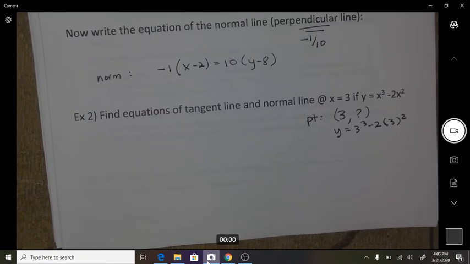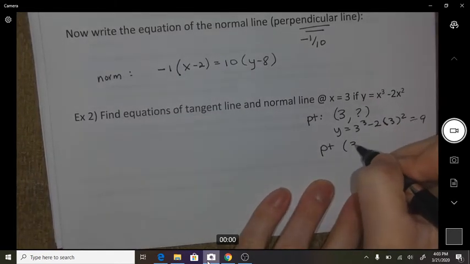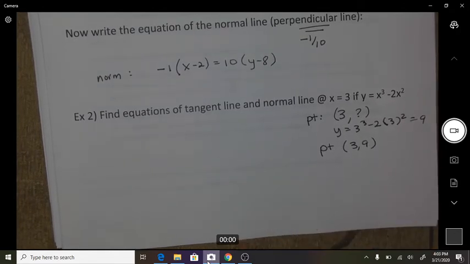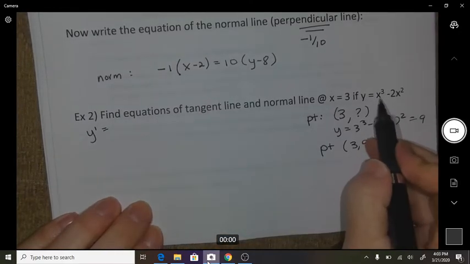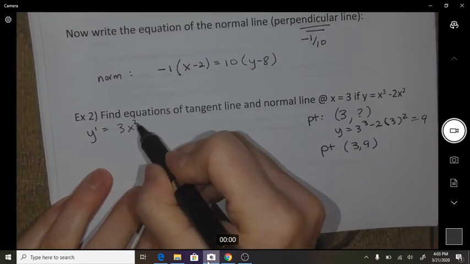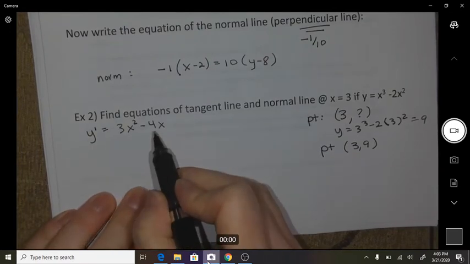Okay, so 3 cubed minus 2 times 3 squared equals 9. So now I know I have the point 3 comma 9. Okay, let's figure out what the slope is going to be. So if I derive this, I get 3x squared minus 4x.